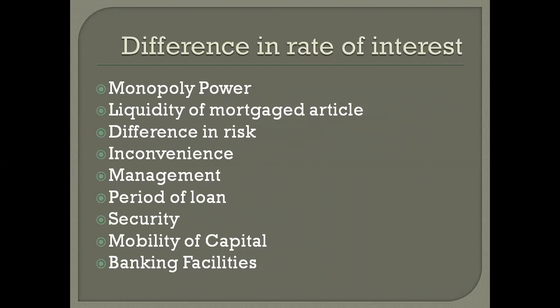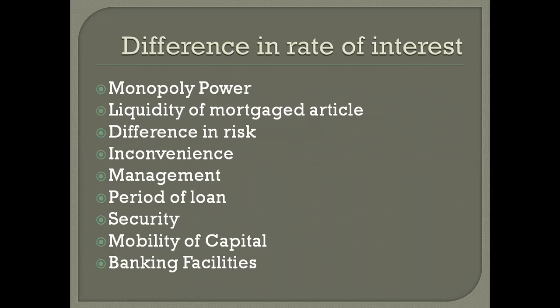Suppose I am alone able to give loans to different people, so from X person I will charge 2%, for Y maybe 4%, for Z 6%, on the basis of the credit worthiness of the person, if I am the sole person who is able to give the loan to the people, right? On the other hand, if there is no monopoly, only perfect competition, in that case the rate of interest may be lower.